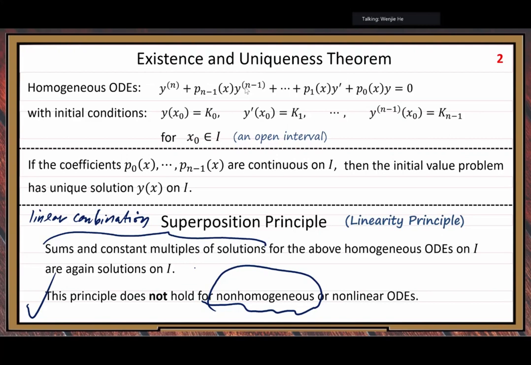So the question: can we generalize that linear interpolation concept to this nth order? Actually, we have a similar one, but we do not call it linear interpolation in this case, because linear interpolation is for two elements.